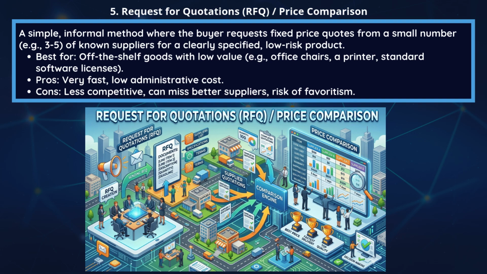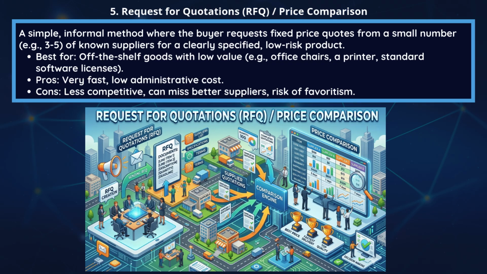Let's define that: a simple, informal method where the buyer requests fixed price quotes from a small number, for example 3 to 5, of known suppliers for a clearly specified, low-risk product. It is best for off-the-shelf goods with low value, for example office chairs, printers, and standard software licenses.